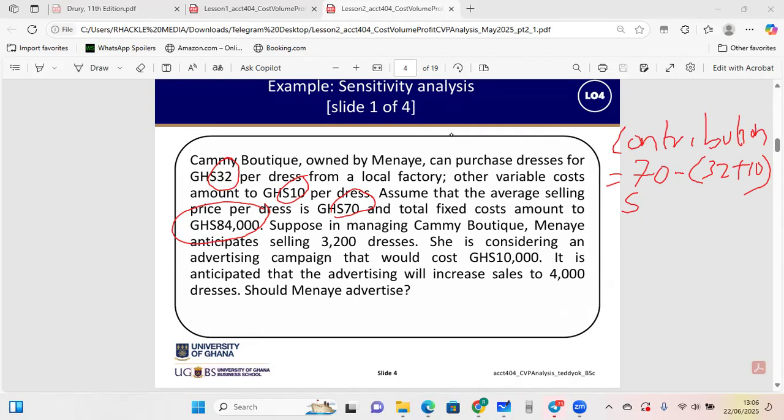So the selling price minus variable cost. We have 70 minus 42 in total here, and we are going to get 28. So 28 is our contribution.